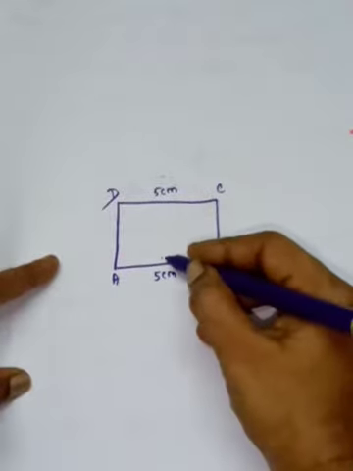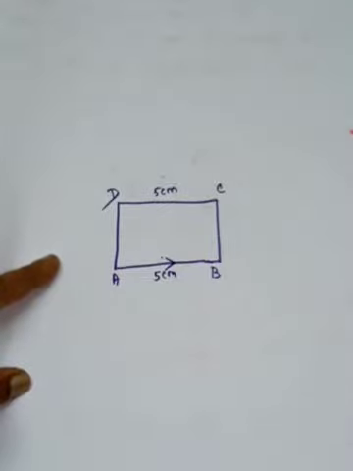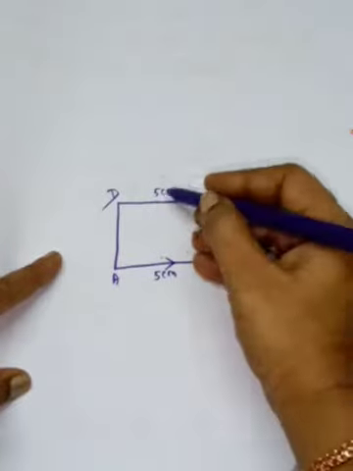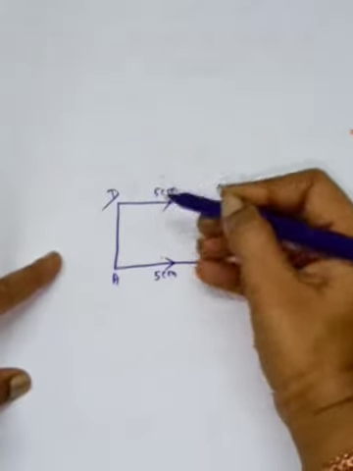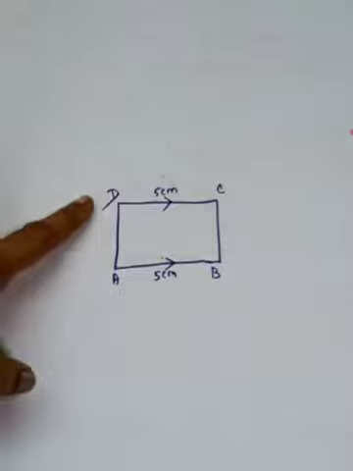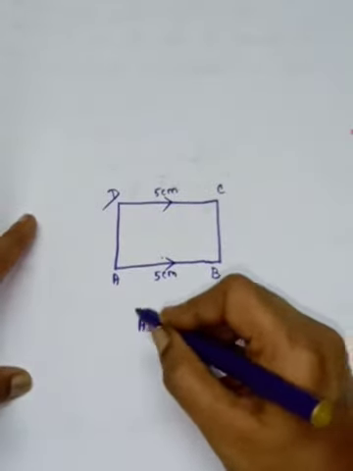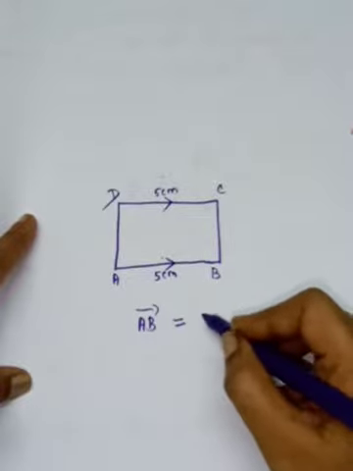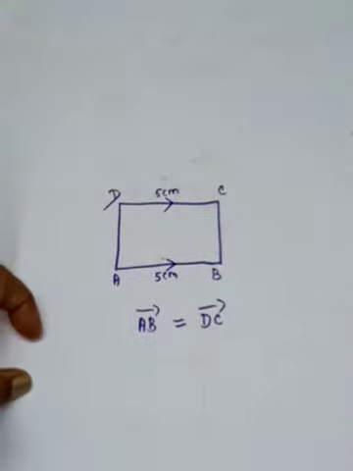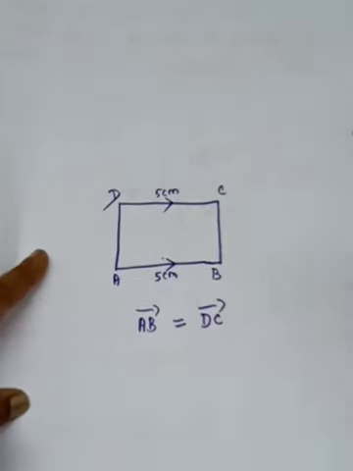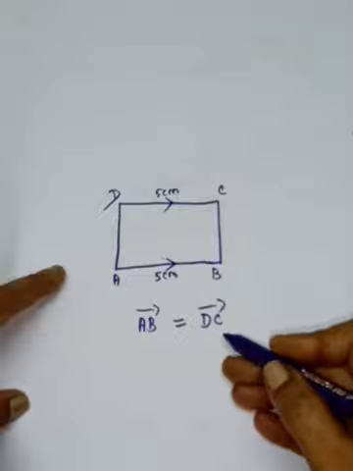If I mention AB vector, the direction is from A to B. If I give the direction as D to C, that is DC vector. So in the rectangle, AB vector is equal to DC vector because both have the same magnitude, same length and same direction. Therefore, they are equal vectors.